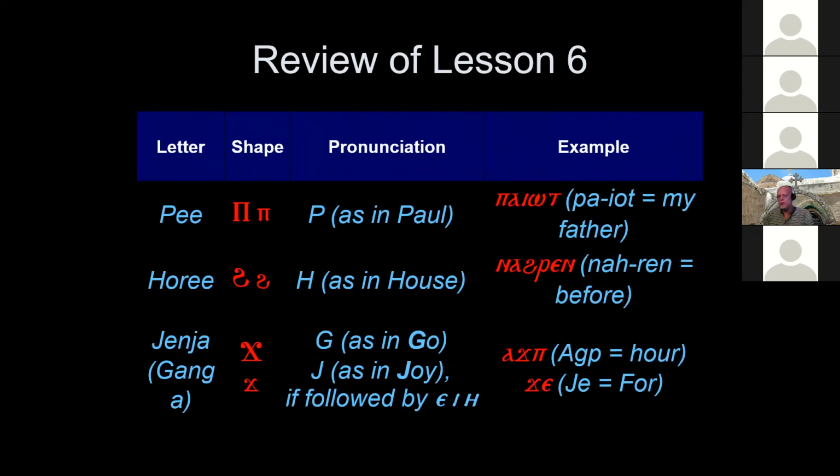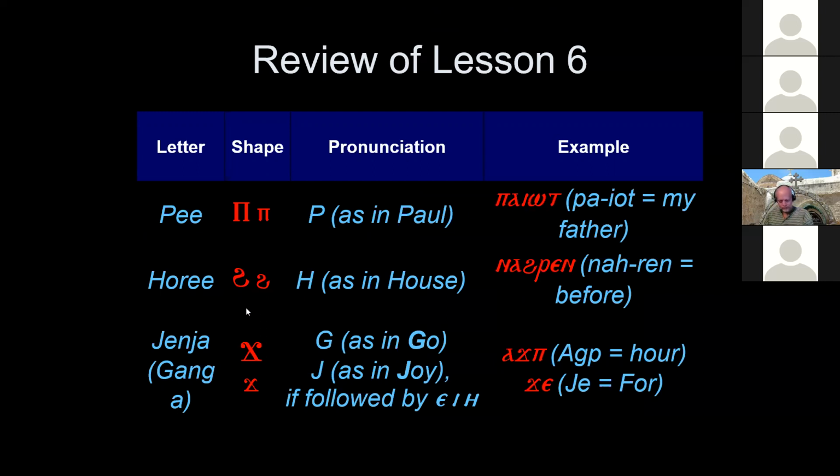So just to review, these are the three letters we learned today. I know the letters are a little bit more difficult now because at the beginning they were all like English and pronounced like English, but now we are getting the letters that are different, right? So the first letter here, Pi, looks like the Greek pi, and it's pronounced like a P, like Payot.